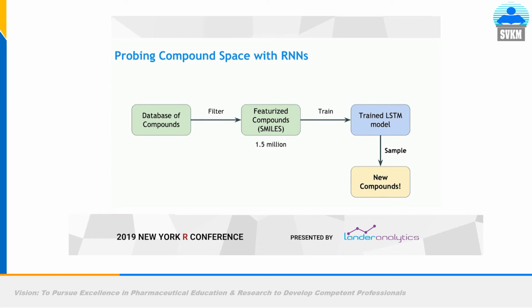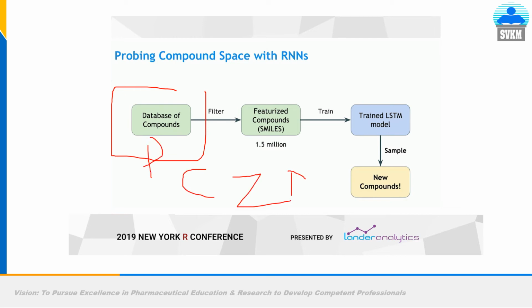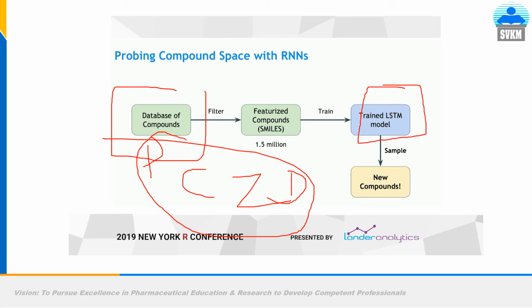So here again, how it works: you have a database of compounds, for example PubChem or ChEMBL or ZINC or DrugBank. Using this type of database, you will train your RNN model so that the model will learn the basic rules of chemistry and the probability of what will come before or after each atom or bond based on the type of atom or type of bond.